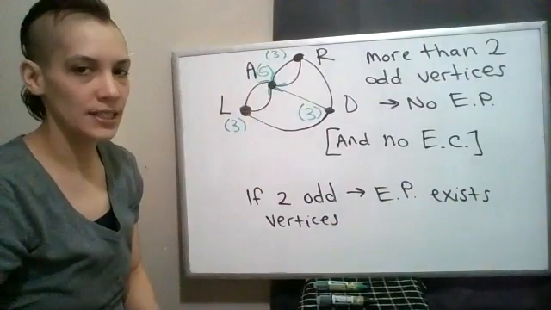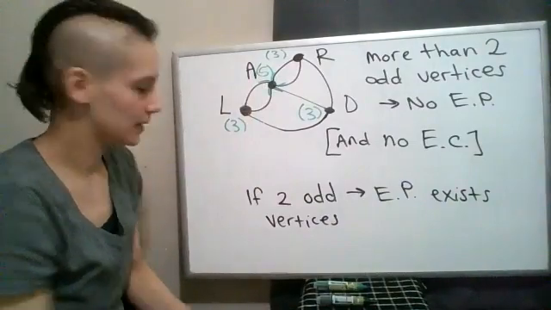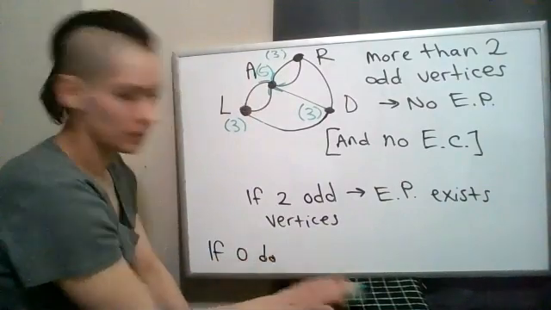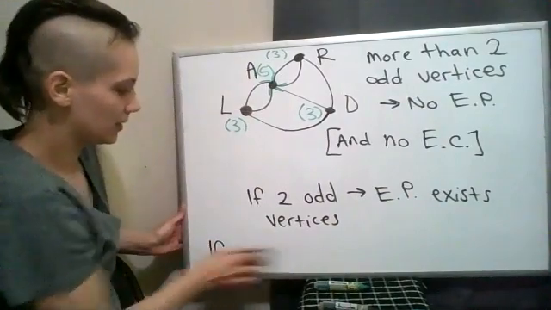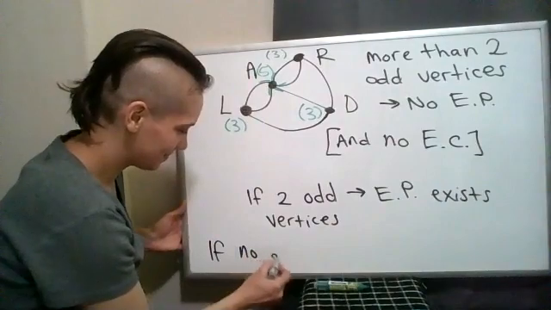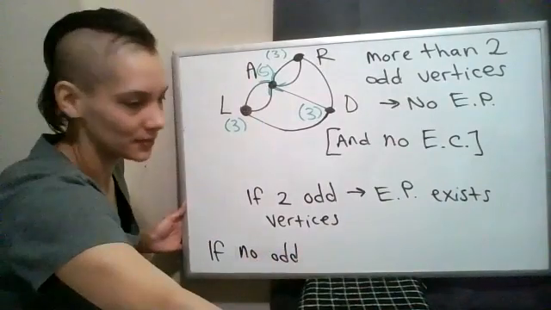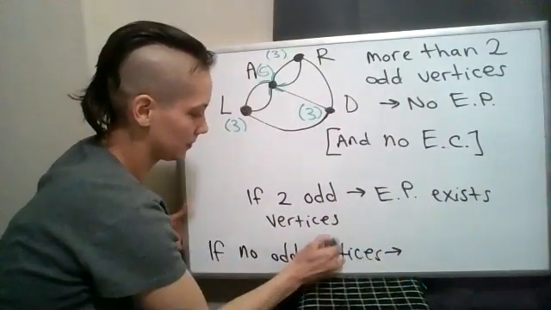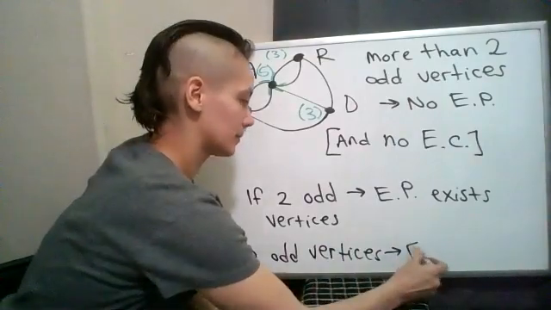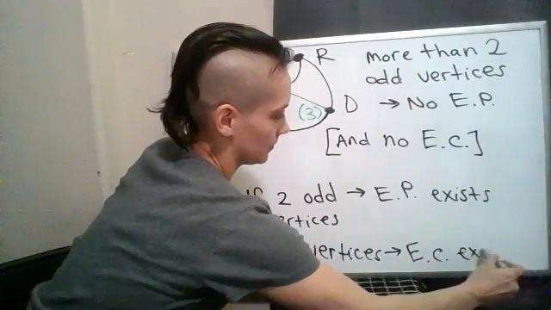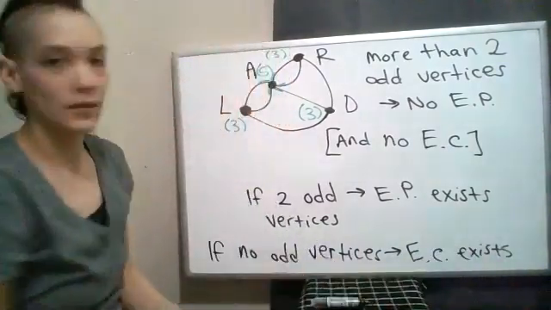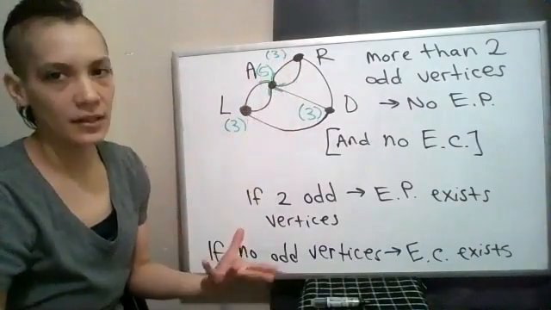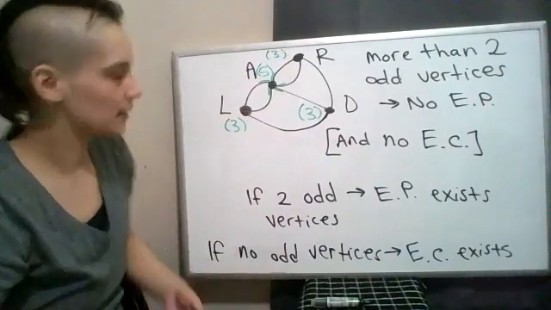If there are 0 odd vertices, an Euler circuit exists. Maybe let's put like no odd. If there's more than 2 odd, like this one here, there's 1, 2, 3, 4 odds, neither an Euler path or Euler circuit exists.